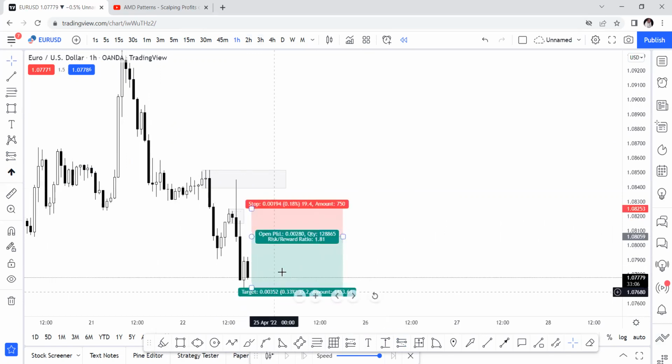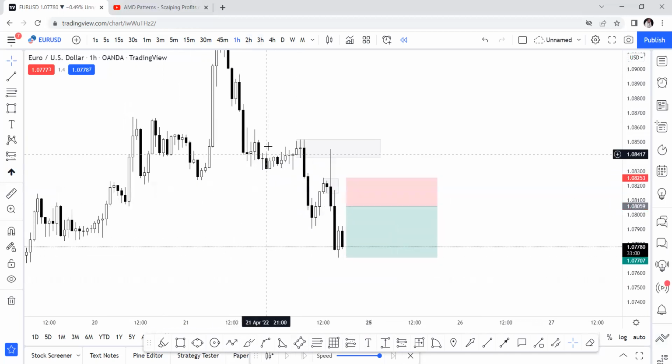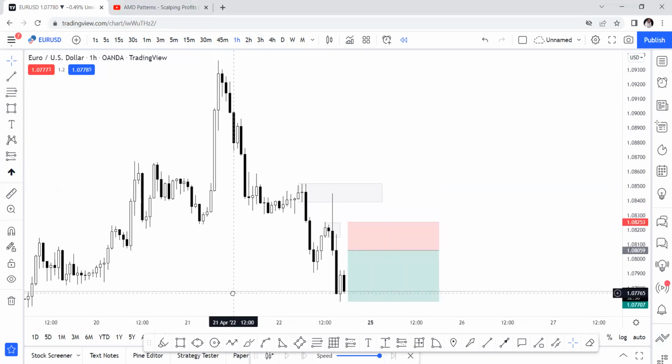It's still going to go down more because this is a lower low, lower high. You can see the head. That's a head and shoulder pattern. That's why I know that it will go more.